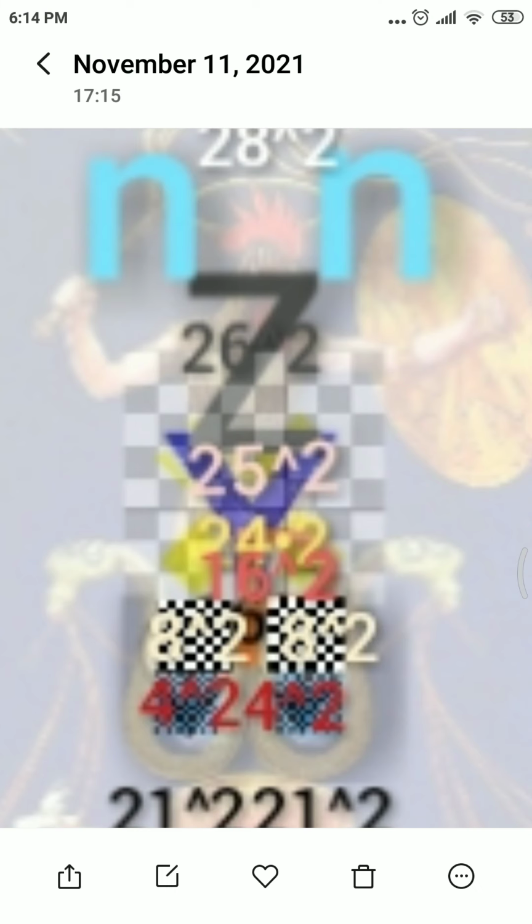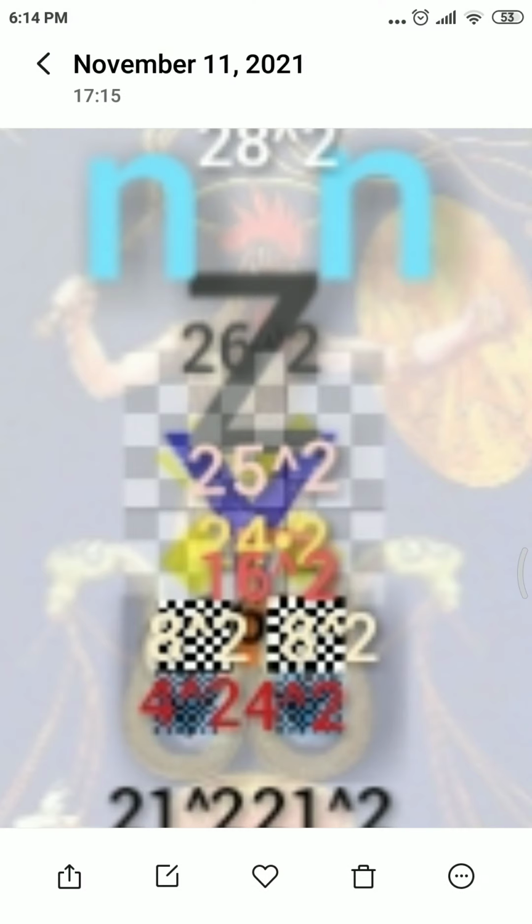And next there is this guy, 24 squared. 24 squared is 576. It is a combination of the 5th, 6th and 7th, not realms.